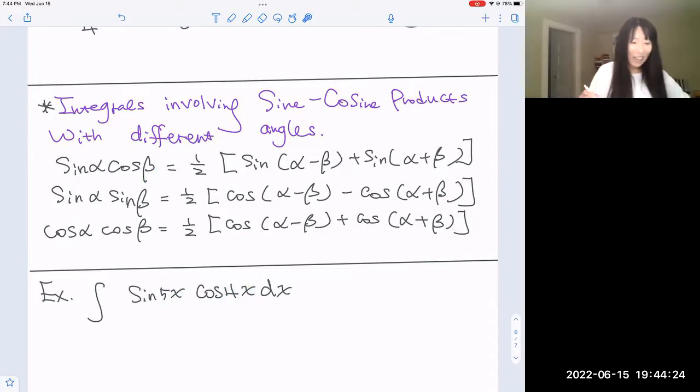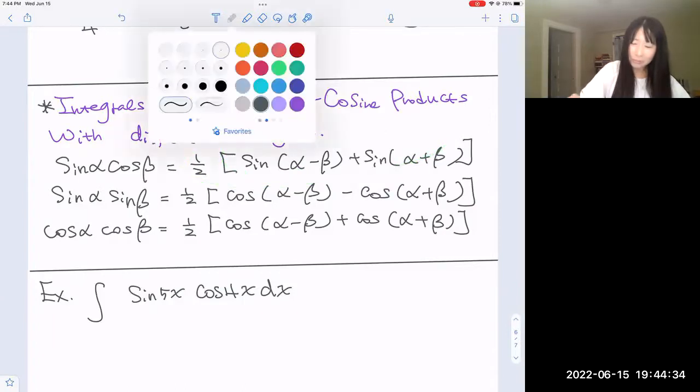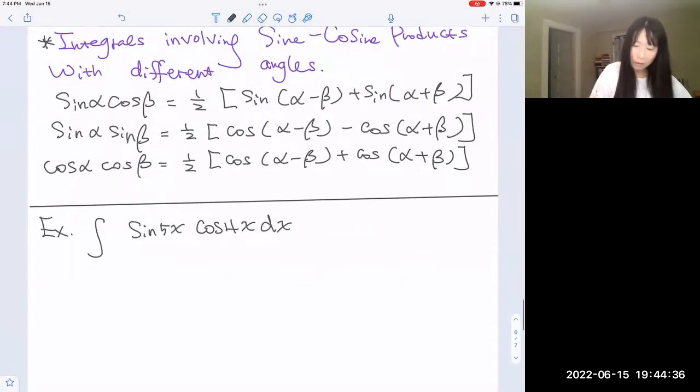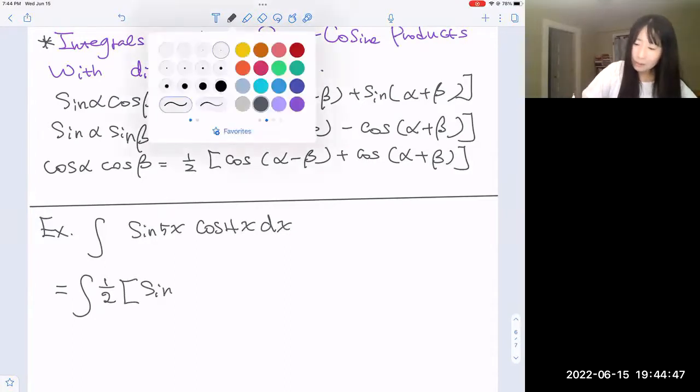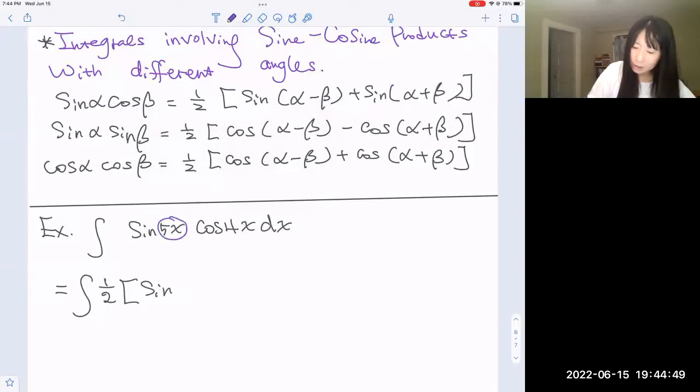So I just follow this one. Look, one half, sine alpha. Let's see, alpha equals this and beta equals that.